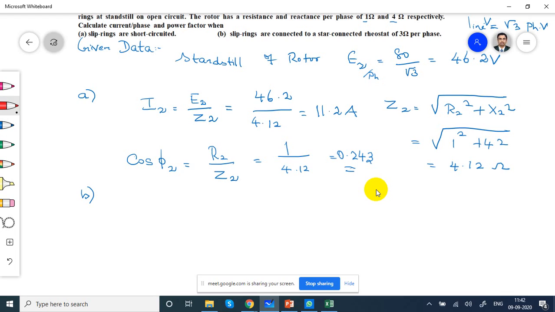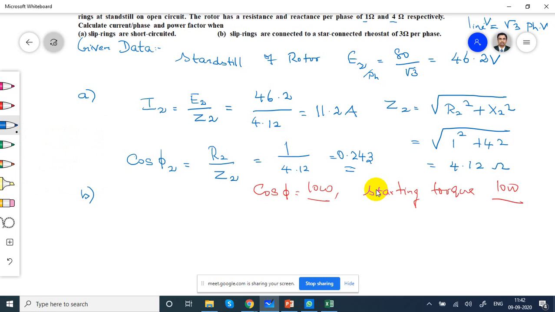Okay, if power factor is low, if cos phi is low, then the starting torque of the machine is also low. If power factor is low, then starting torque is also low in slip ring. Okay, how to increase the power factor?